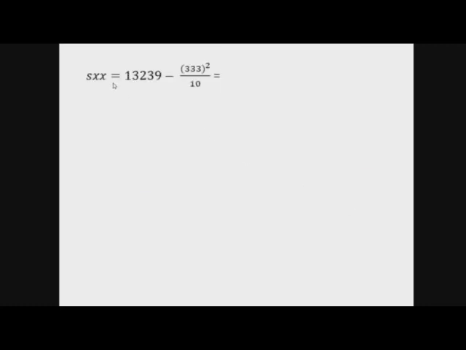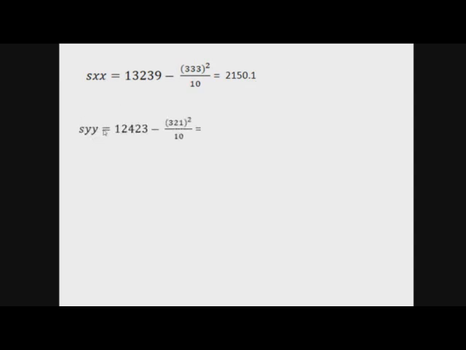A similar principle goes for SXX. The sum of x squared is 13,239 minus the sum of x, squared, which is 333 squared over 10. That gives you a value of 2150.1.